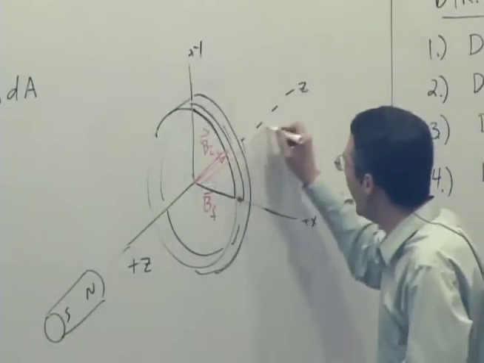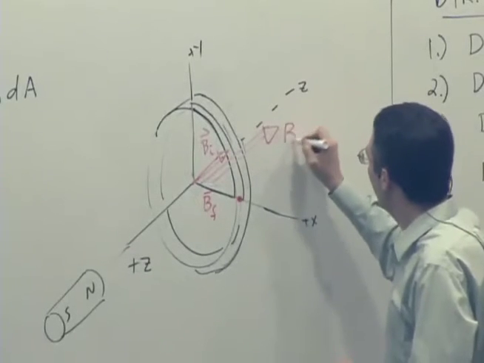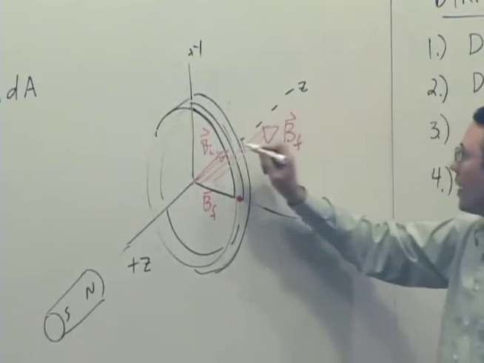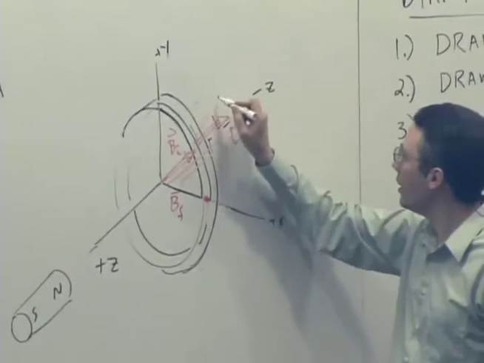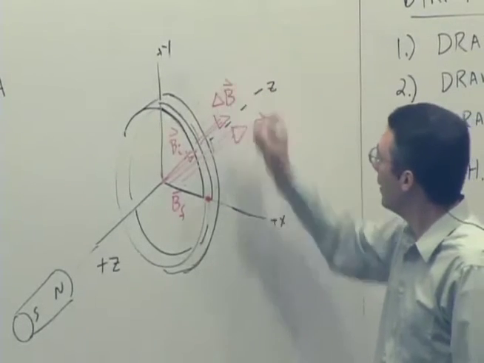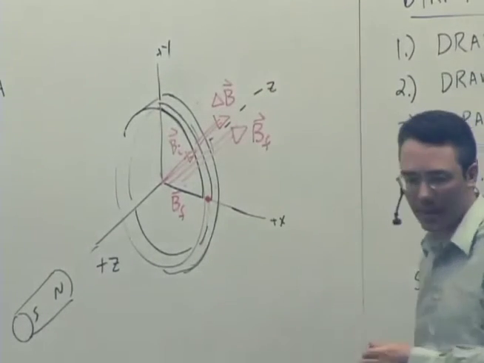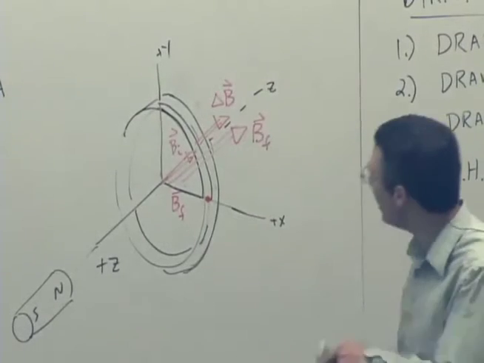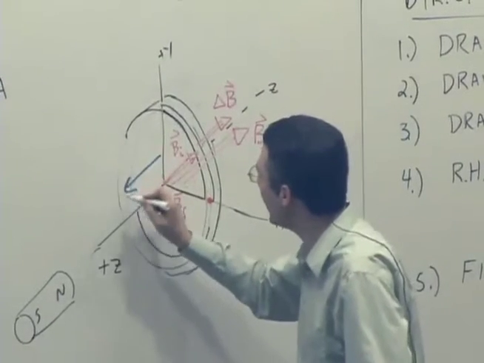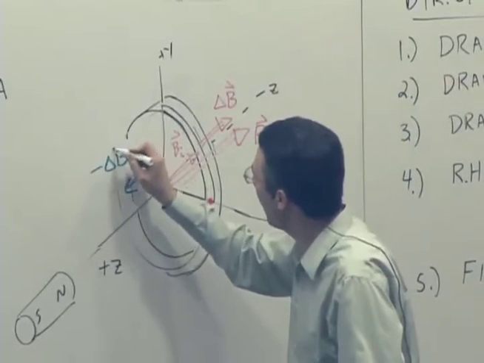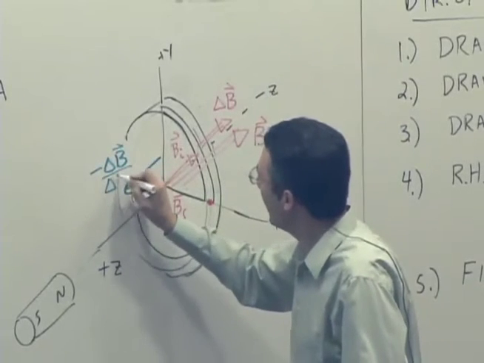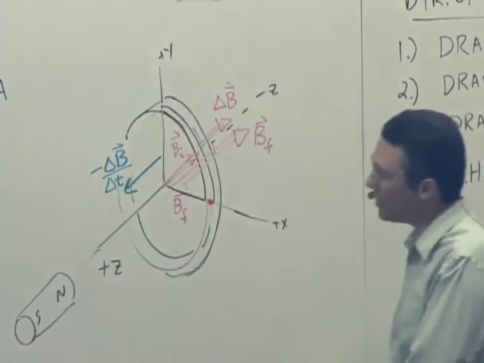Okay, so B final is that way. So delta B has also got to be pointing into the board here. And then negative dB dt then is pointing out, right? So negative dB dt, or delta B over delta T, is pointing in the positive z direction.